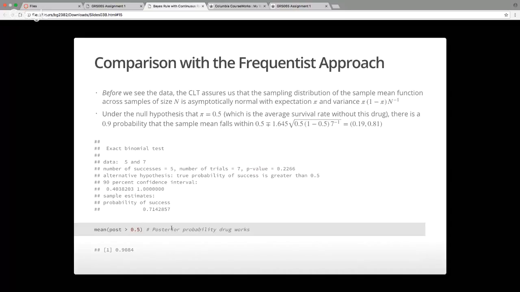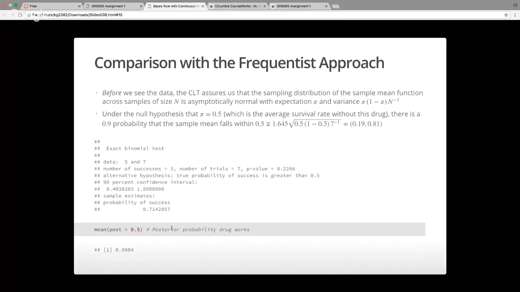So under a null hypothesis that the survival probability is 0.5, which is the same on average as the survival probability from Ebola if you're not given this drug from MAP Biopharmaceutical, there's going to be a 0.9 probability that the sample proportion falls in the interval defined by 0.5, our hypothesized value, plus or minus 1.645 if we want a 90% coverage, multiplied by the standard error, which in this case involves 7 observations that we're dividing by.